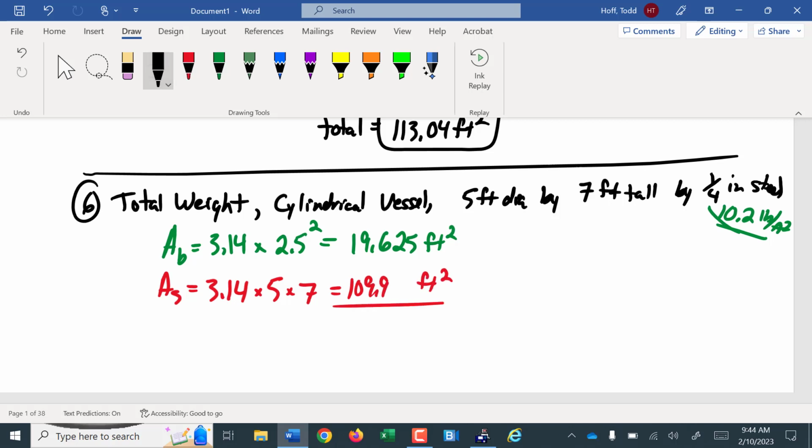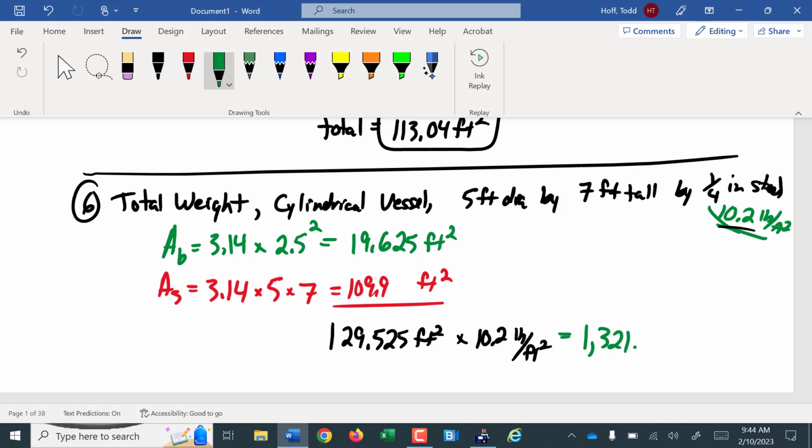We add those together to get a total. 129.525 square feet. Then we'll multiply that by the 10.2 pounds per square foot. Giving us what? Okay. That's just pounds.